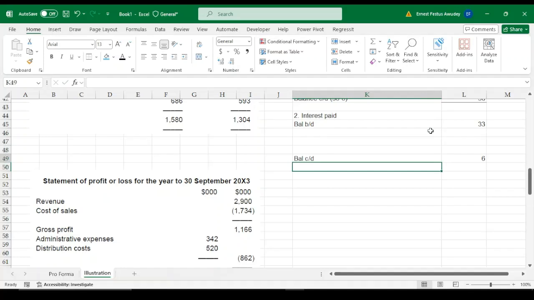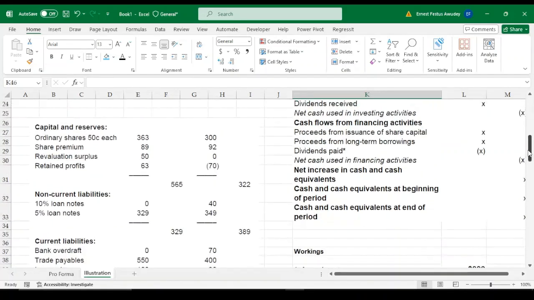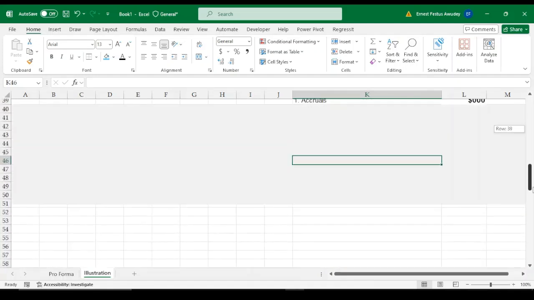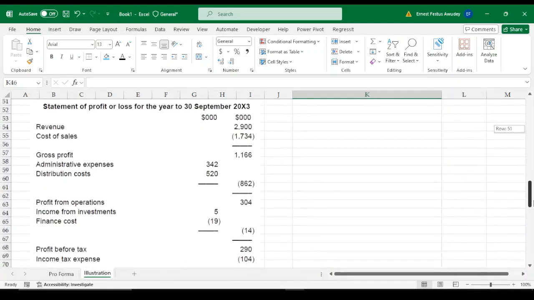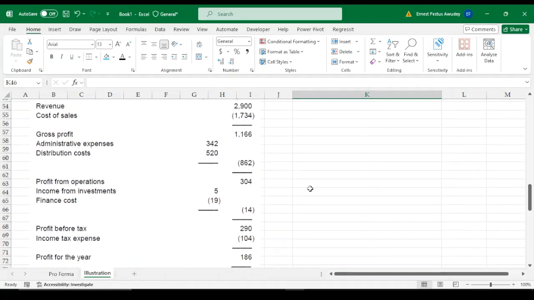Then what happens? We had a finance cost, that is interest, in the statement of profit or loss. So let me go to my statement of profit or loss here, and we are saying that there is a finance cost of 19.